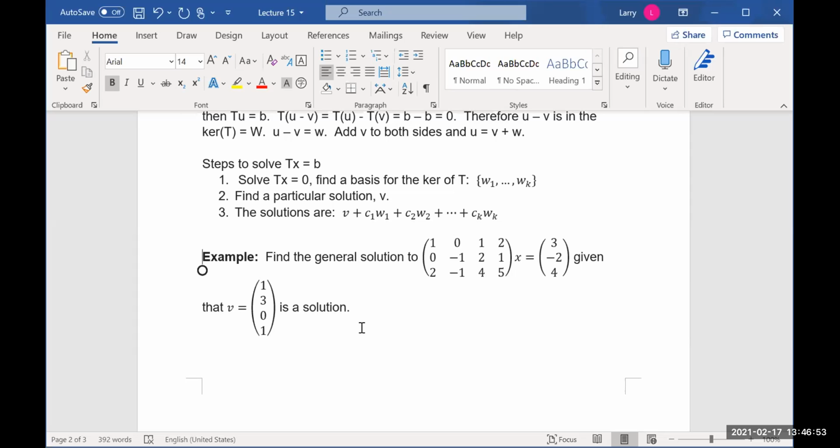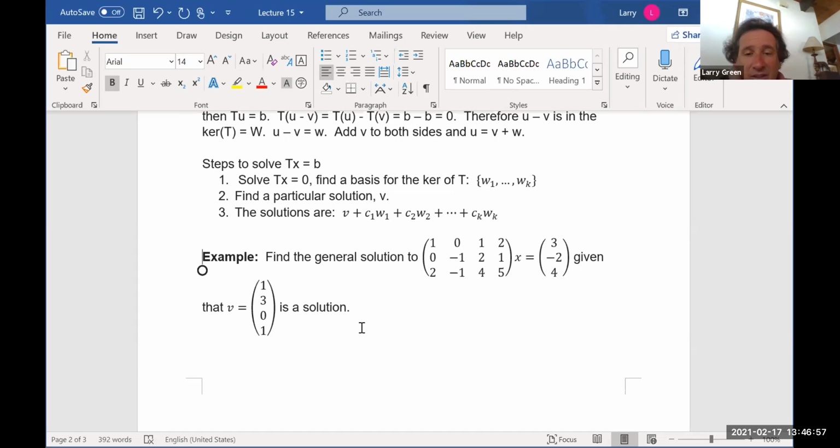Is C just a scalar? The C1, C2, those you mean? Yeah, those are scalars. In this class, if I ever use A's, B's, or C's, those are scalars, and U's, V's, and W's are always vectors. That's just the standard notation. And capital A, capital B, capital C would be matrices.